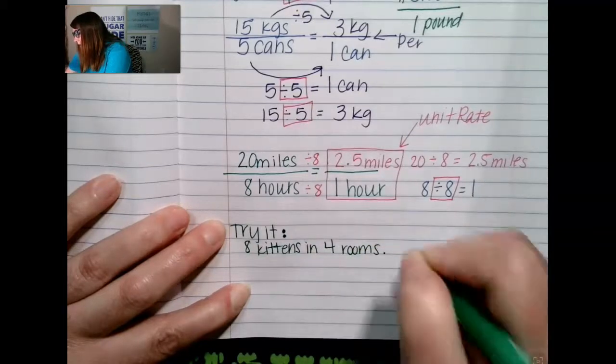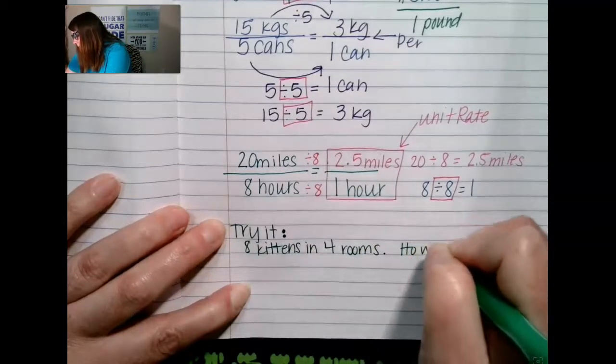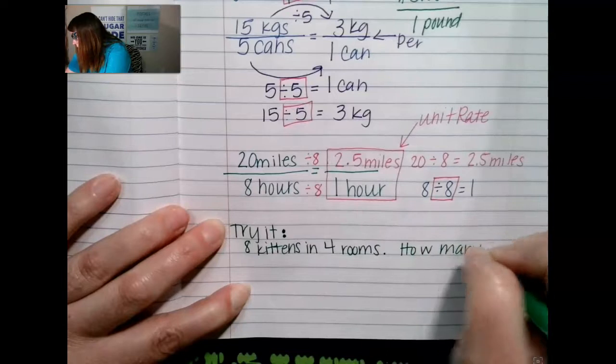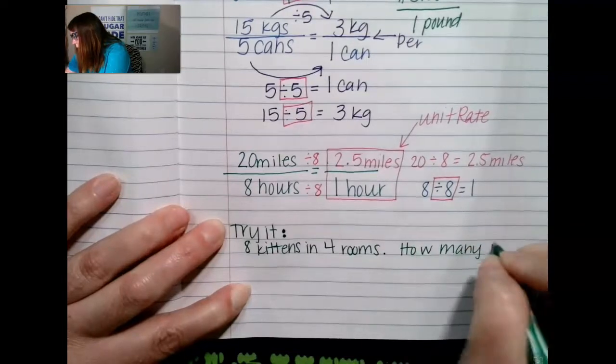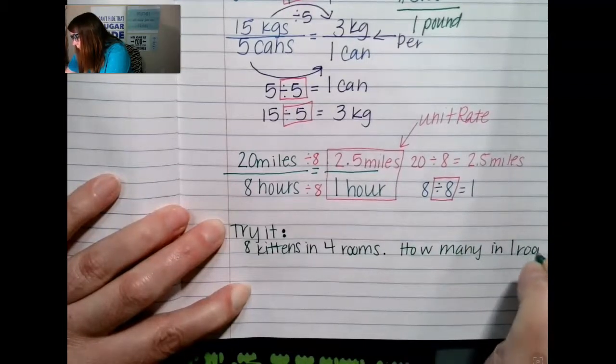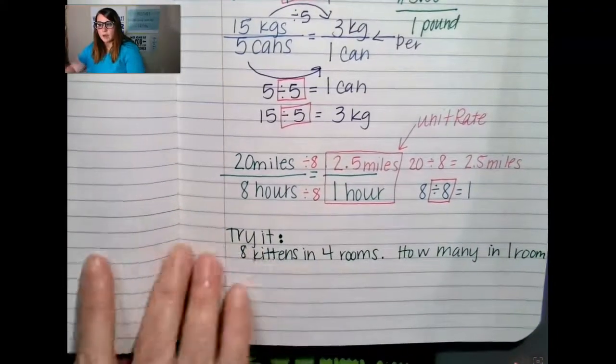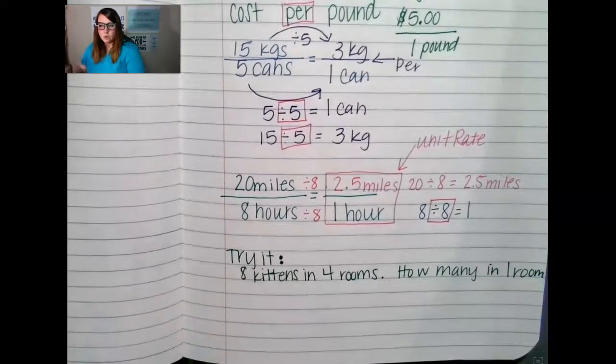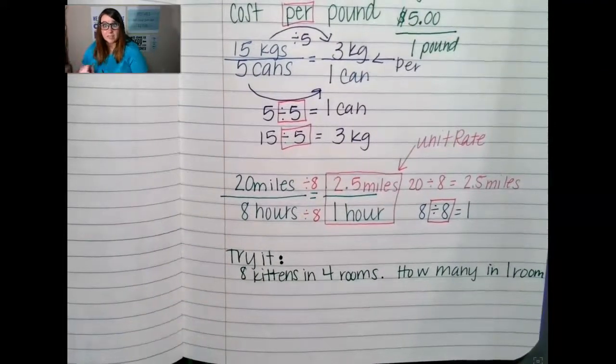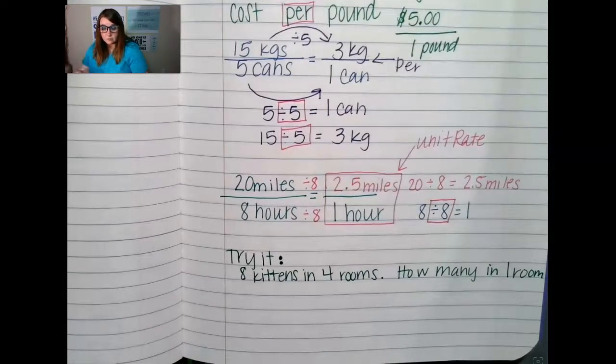And I want to know how many per 1 room. How many in 1 room? Okay, so your job is to tell me how many cats are in 1 room. All right, hit pause so that you don't see me solving this problem. And when you're ready, hit start again.